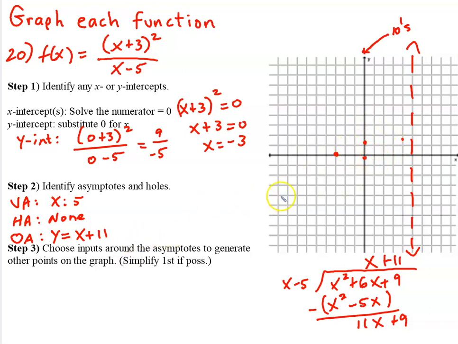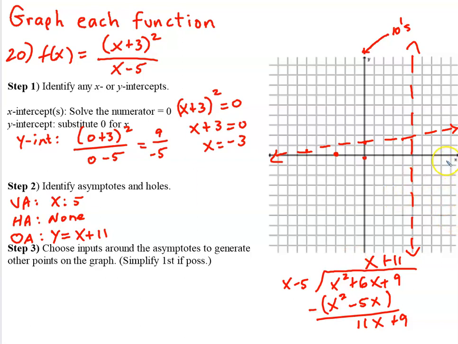And let's just get one going the other way. If I input, let's just say, -6, I'm going to get an output of 5, which is about halfway. So I'm going to try to line those 3 points up, and that's going to be my oblique sketch.